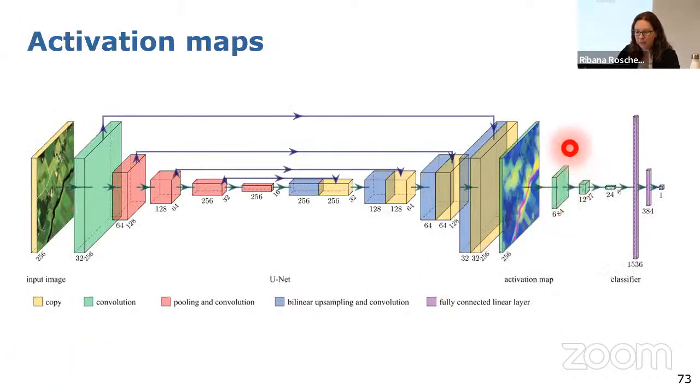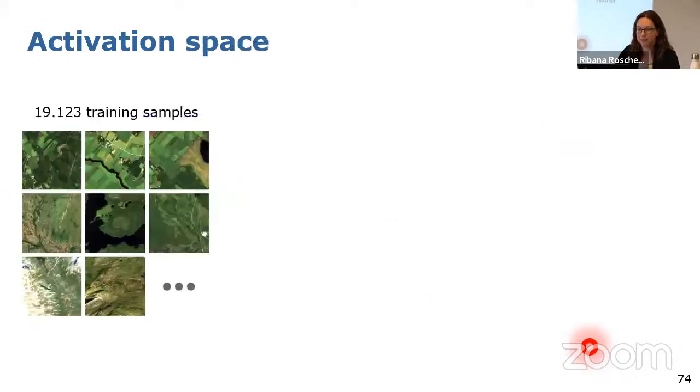Okay, so now here, this is what we now look at. After this unit output, this has exactly the same size as the input. We have activation maps, several ones, and this is one hyperparameter we can tune. So what do we now do with these activation maps?